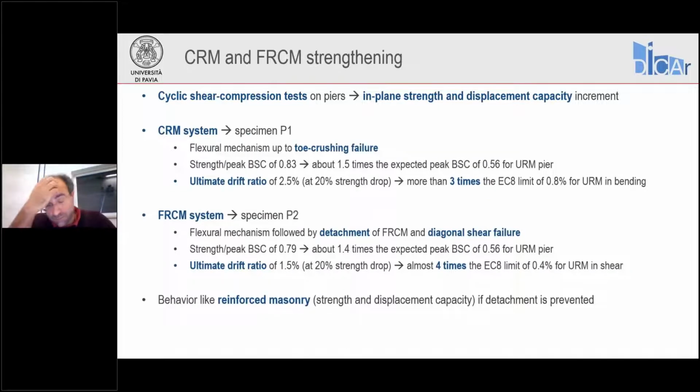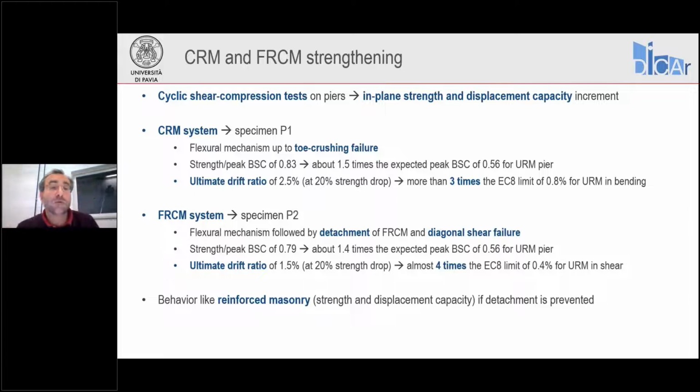So with the CRM system, we were able to increase by a factor of 1.5 the lateral shear strength of the element, compared to what we expected for the same pier without any strengthening system, while the ultimate drift ratio, that is the lateral displacement divided by the height of the pier, 1.5 meters, was like 2.5% when the strength dropped by 20%. This is more than 3 times the limit that we find in EC8 for unreinforced masonry, that is 0.8%.